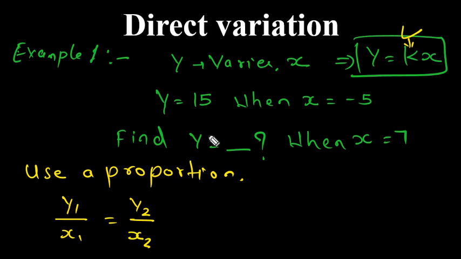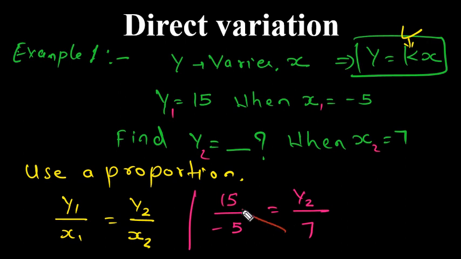Okay. Now the first information is considered as y1, x1, and this is y2, x2. Now y1 is 15, x1 is -5, y2 I don't know, x2 is 7. From here you will do the cross product, or else you can just simply solve it.